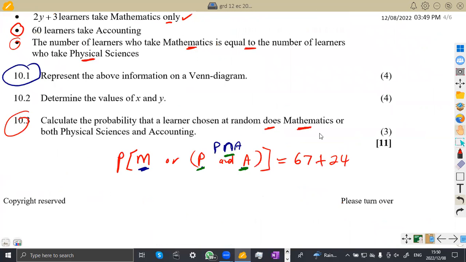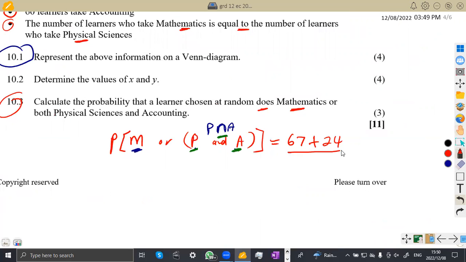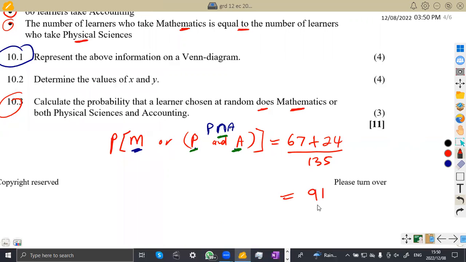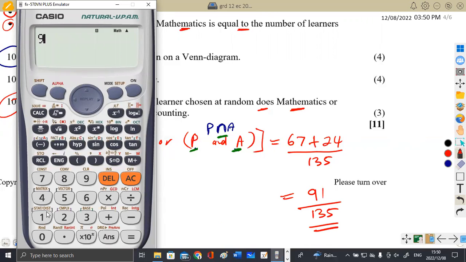So you're going to divide by 135. Let's add 67 plus 24, that's 91. So you're going to have 91 over 135. So that's your probability. Or you can reduce it, if it can be reduced, or it remains like that. Or as a decimal, maybe.